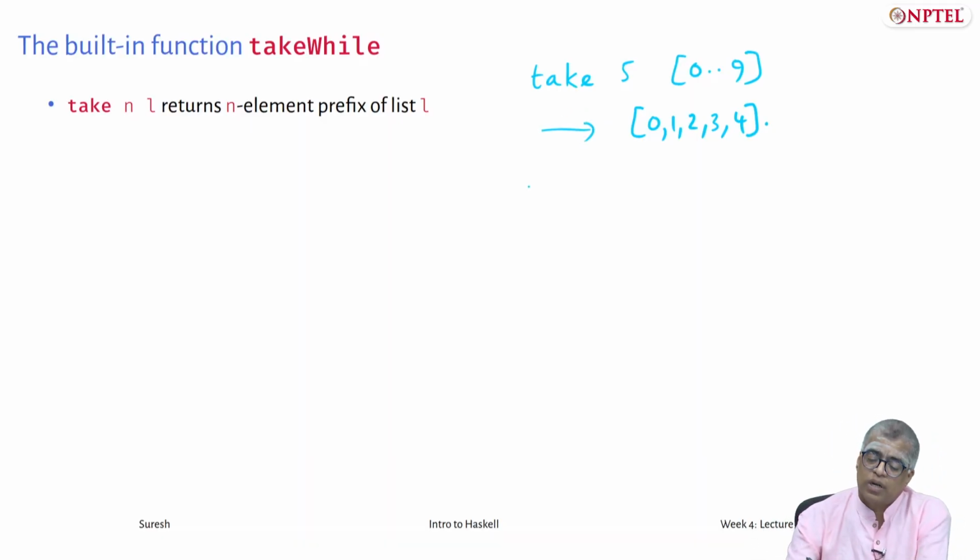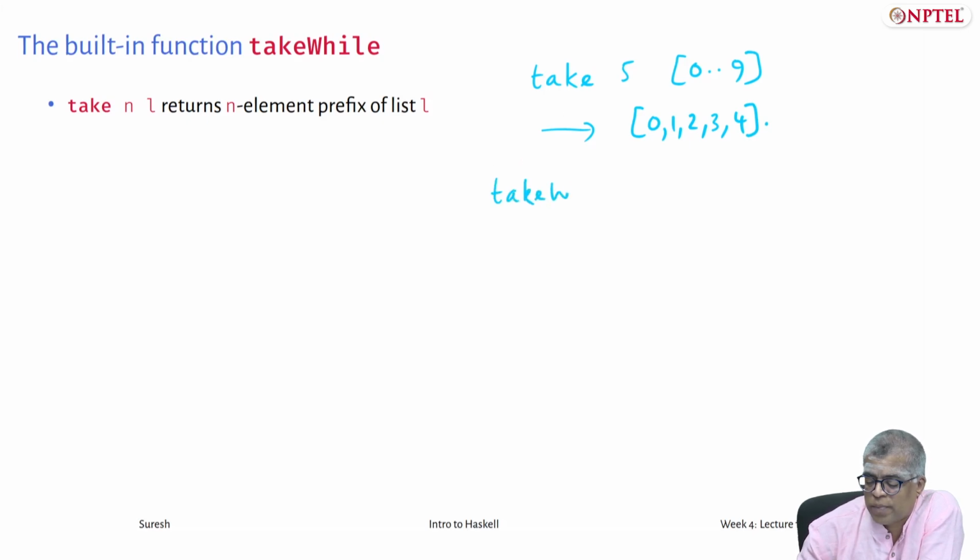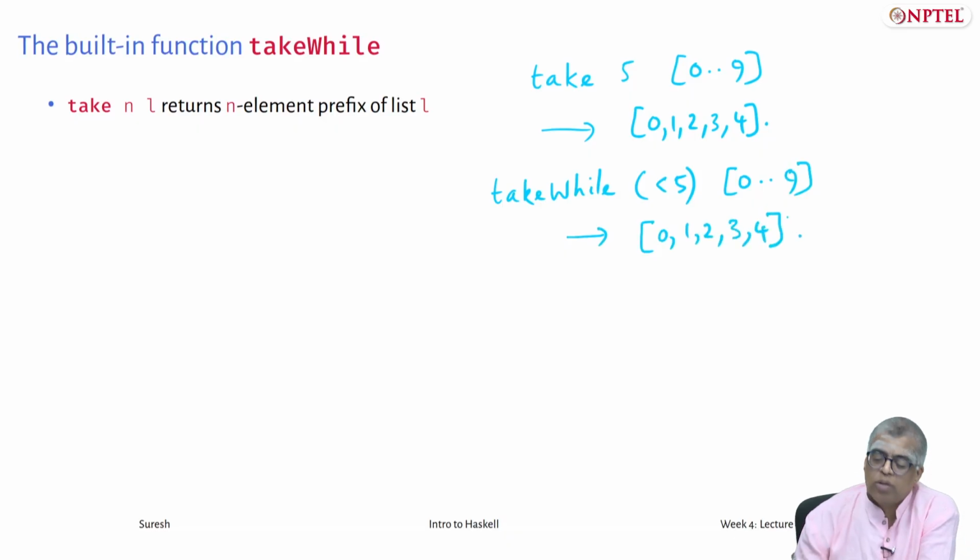What we want to do is takeWhile. So the same thing could have been expressed as takeWhile, so this should give an idea of what takeWhile does. takeWhile takes a predicate and a list, and it will produce the longest prefix of the list which satisfies the predicate.